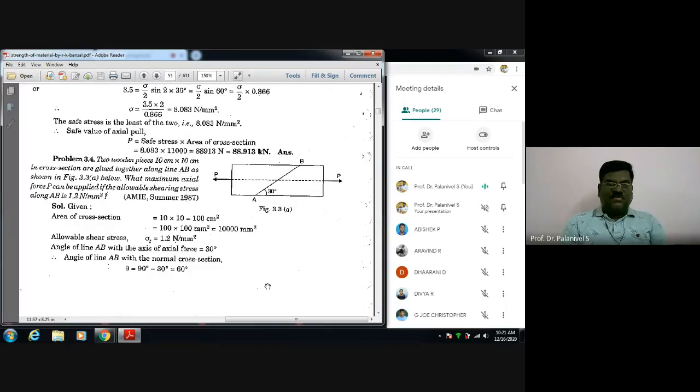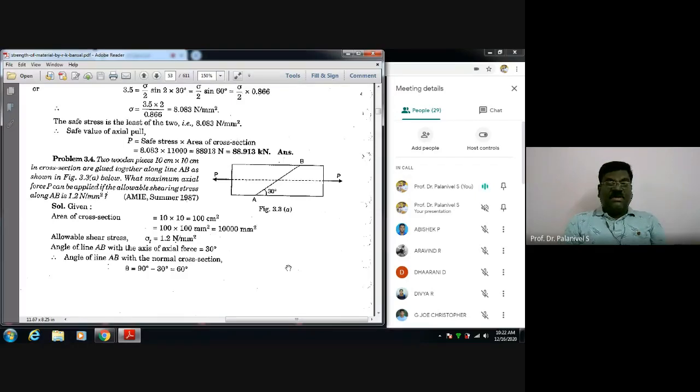In that we substituted and got the normal stress value, and that into area of cross section gave us the maximum permissible load, the safe axial pull that can be applied on this body. Okay, please later go through the Bansal textbook, the soft copy is available with you.